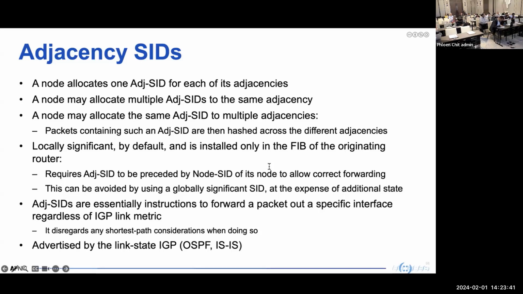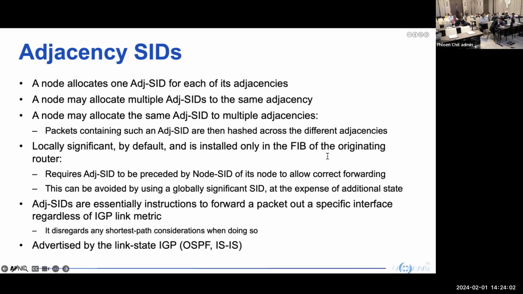Otherwise, other routers will not know GigabitEthernet 1. That's why we mentioned that the adjacency seed needs to be preceded by the node seed. It needs to arrive at a certain node that can recognize this adjacency. Otherwise, it cannot be processed correctly.